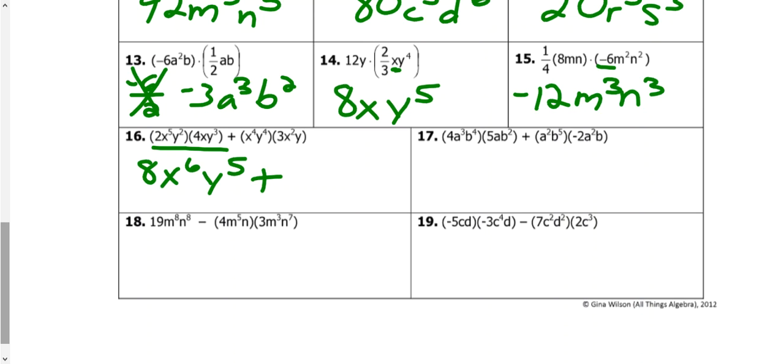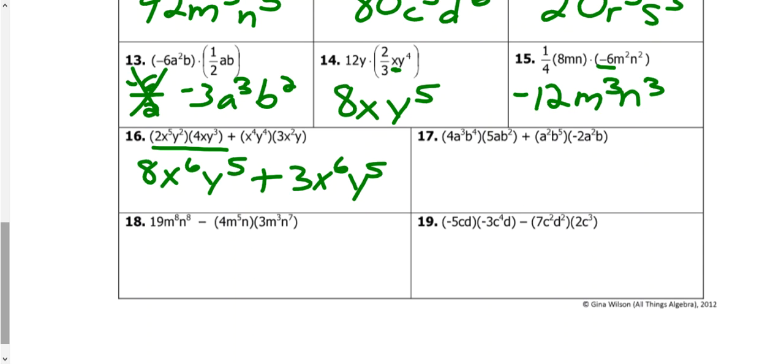Then we have x to the fourth times y to the fourth times 3x squared times y. So we have that 3 that hangs out first. X to the fourth and x squared is x to the sixth. Y to the fourth and y gives us y to the fifth.